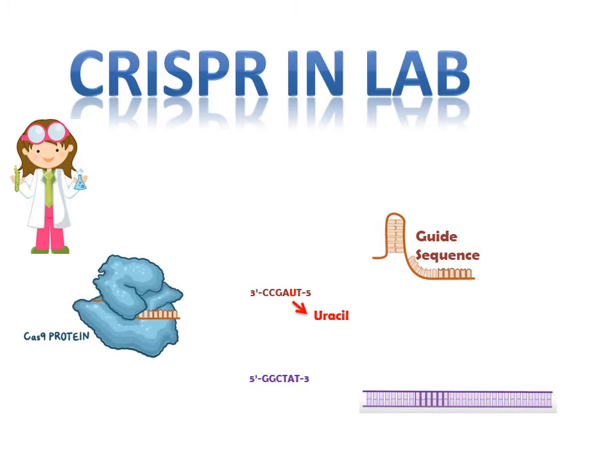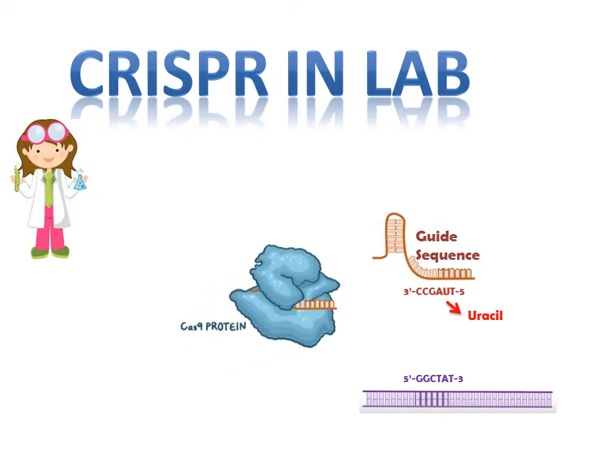In other words, if the DNA has a sequence which reads 5' GGCTAT 3', then the RNA guide sequence is exactly the opposite. That would be 3' CCGAUA 5'. And one thing important to notice here is that the U is for uracil, because the guide sequence is made of RNA, not DNA.